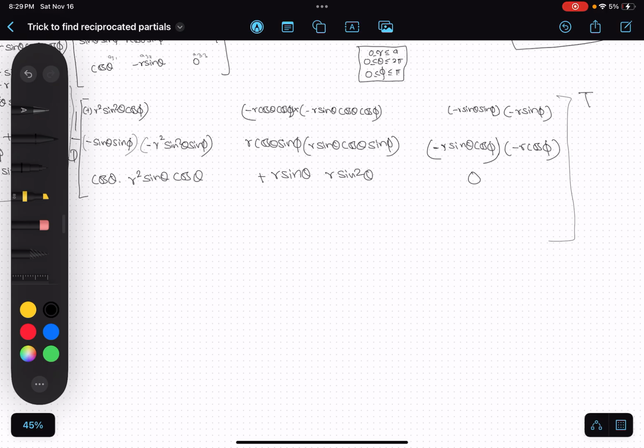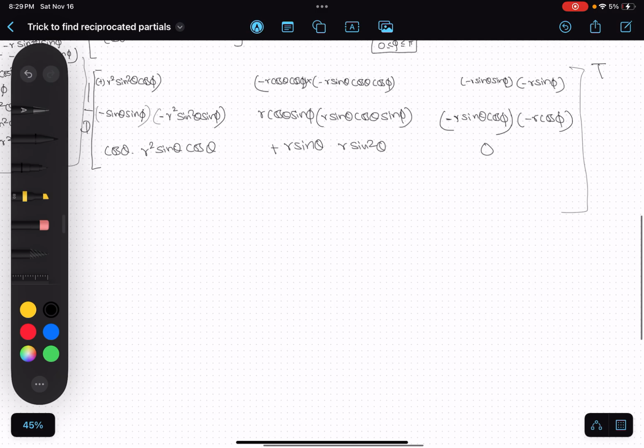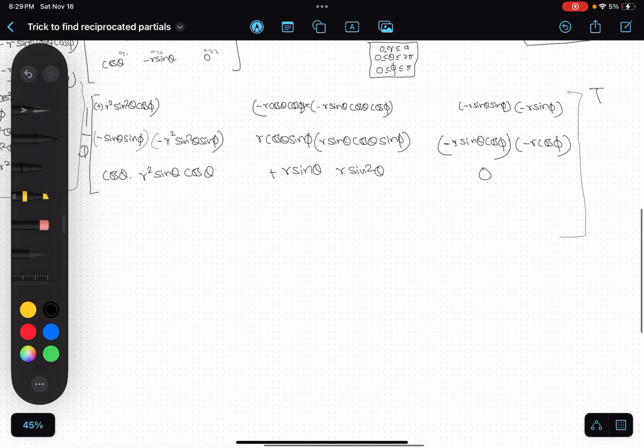Now, okay, so let's divide by r square sin theta to all of these elements, and then we'll take the transpose. So that will just become cos phi, and okay, that will just become cos phi. What will this become? R square sin theta.